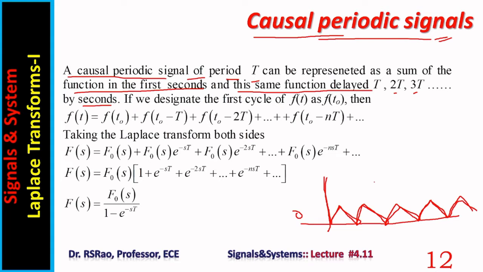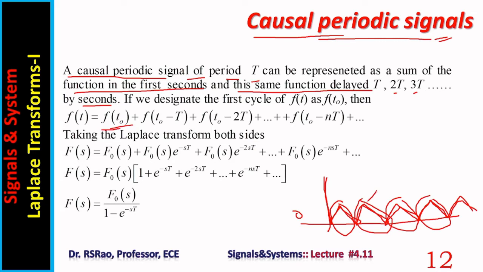To find the Laplace transform for this signal, it can be divided into several signals. This is the first one, second one, third one, fourth one. The first one, which is near to the origin, can be designated as f of t naught.